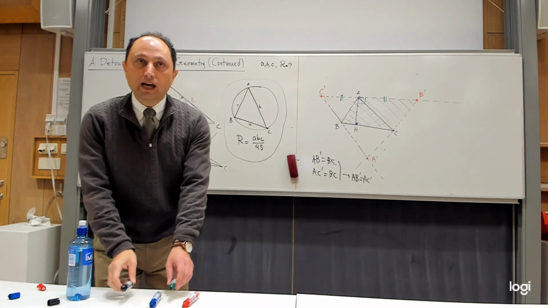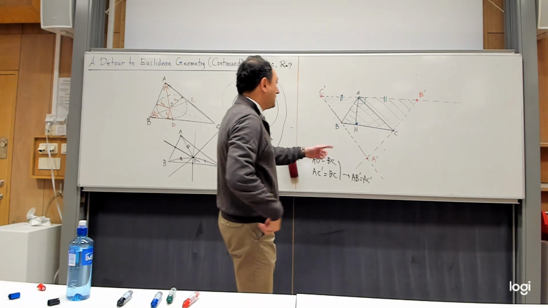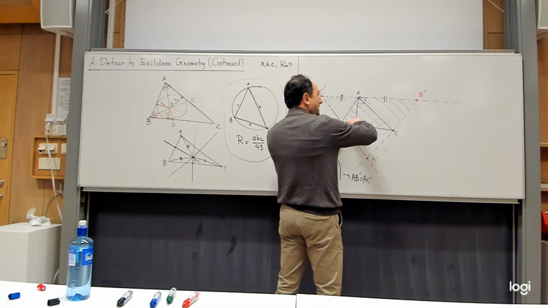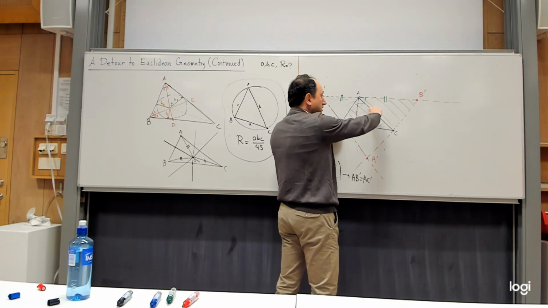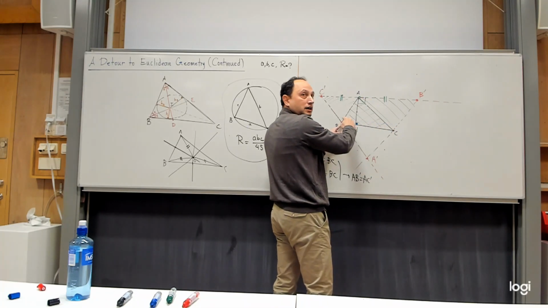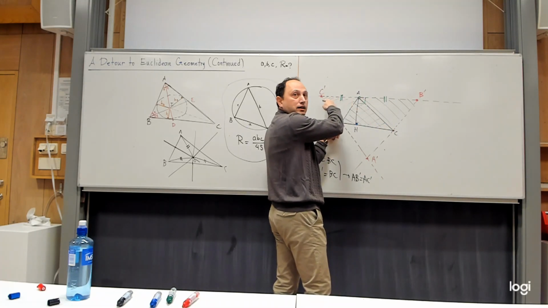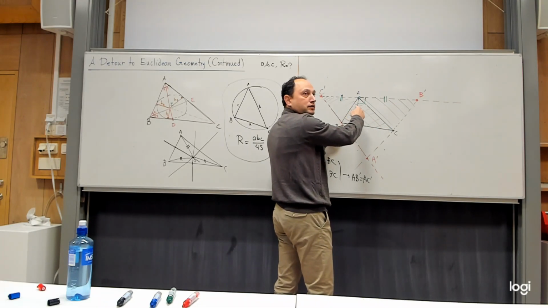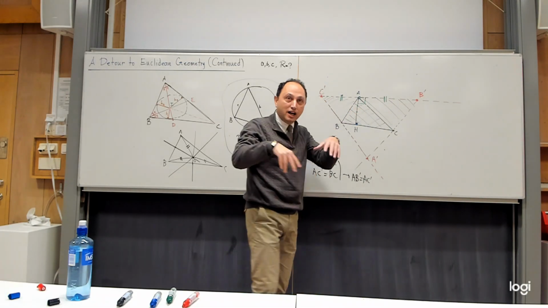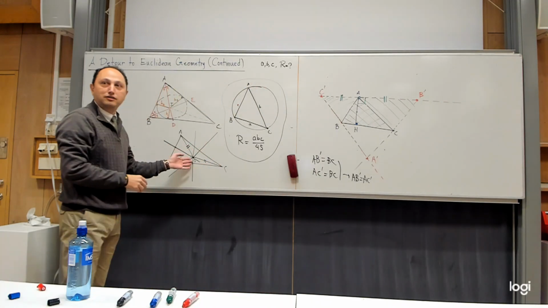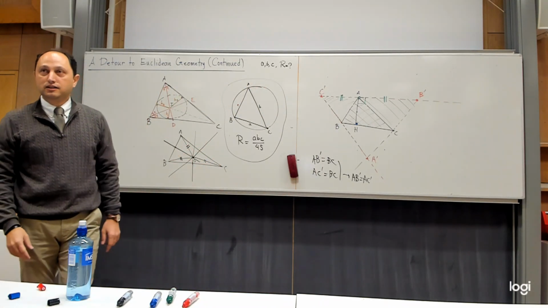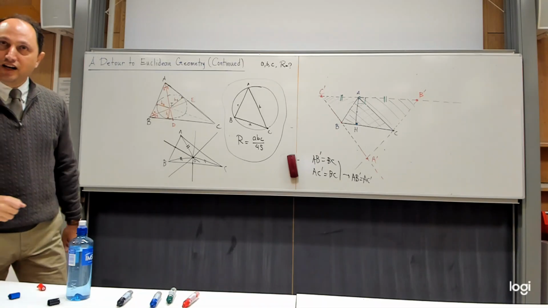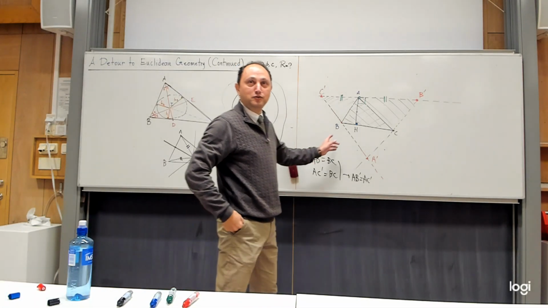Understandable? So I can easily tell you that another height with the same reason, another height that I draw for my triangle will play the role of the perpendicular bisector of this one, and the other one will play the role of the perpendicular bisector of this one. But I just showed that if I have perpendicular bisectors, they will be concurrent. So this was a very nice convoluted proof of proving this, yes?